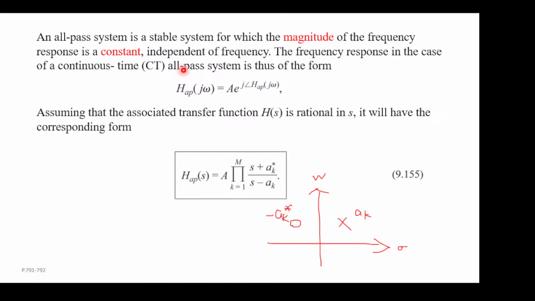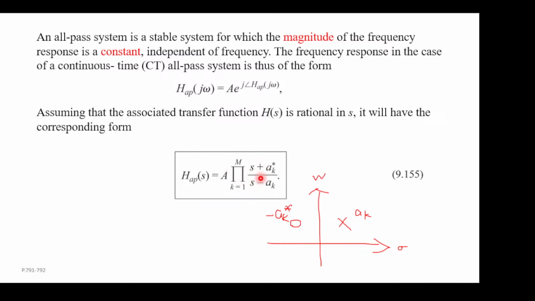The magnitude is constant. Oh, okay, I'm just confusing myself. So all those poles and zeros should be symmetric around the imaginary line.